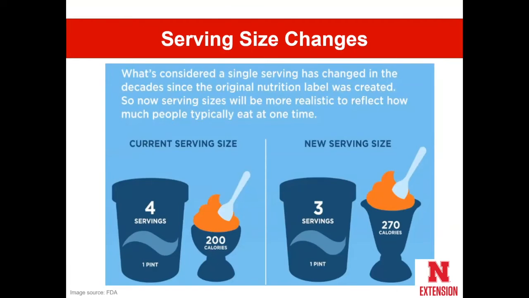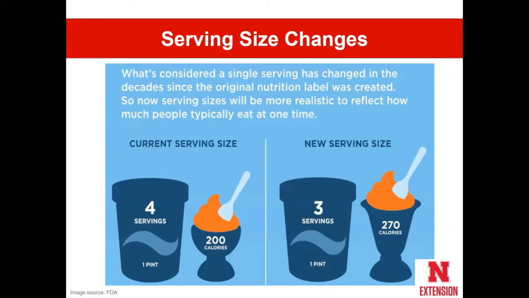So some of the changes: they changed what was considered a single serving size. This example is for ice cream. Previously, the serving size for ice cream was considered a half cup. Well, in reality, most people were eating a lot more than that as a serving size.